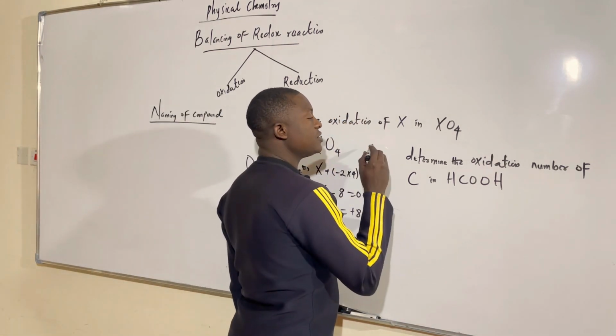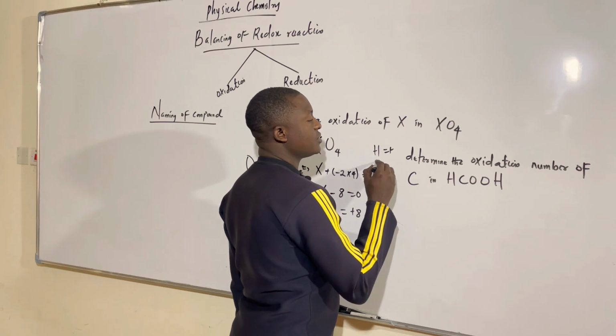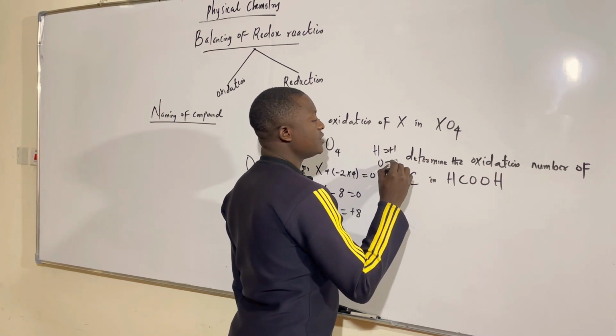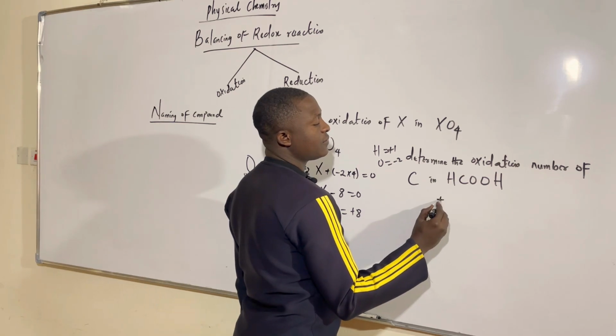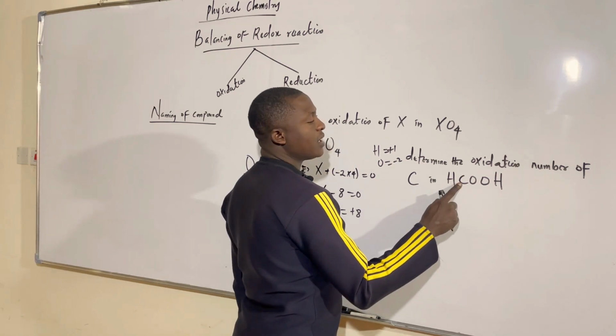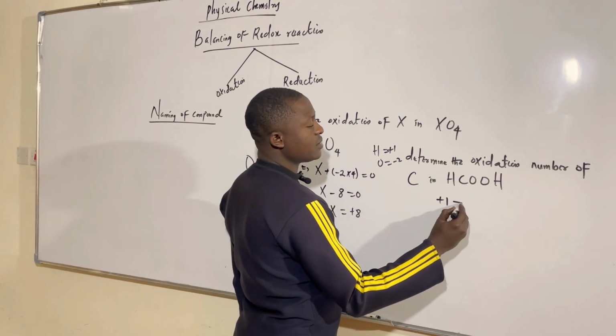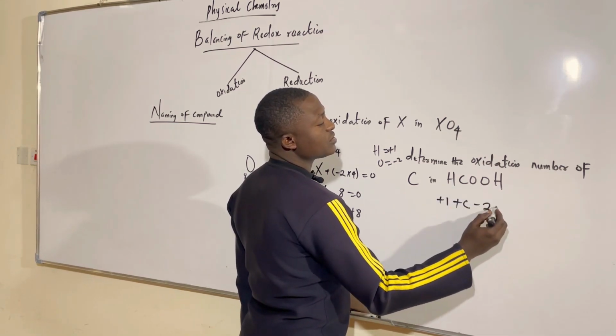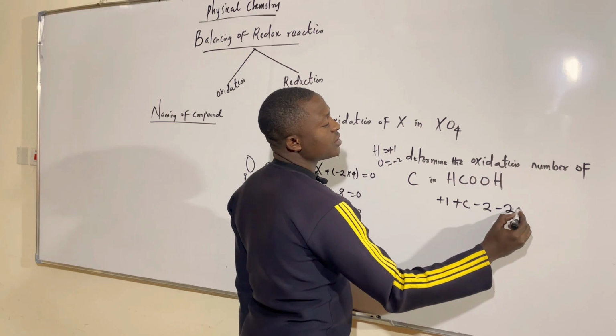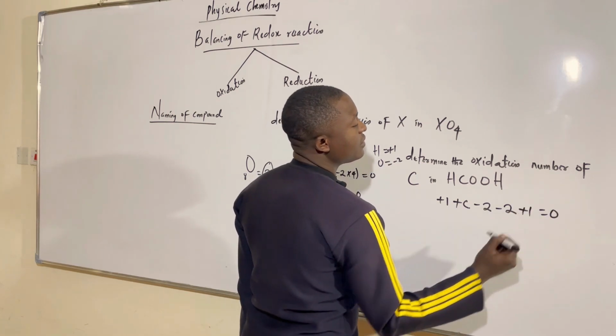So I know hydrogen is plus 1, right? The oxygen I will just mention now is -2. So I want to find the oxidation number of C here. So from here we have plus 1. I'm looking for the carbon, that's C. Oxygen is -2. Oxygen again is -2. Then we have plus 1. Everything is equal to 0.